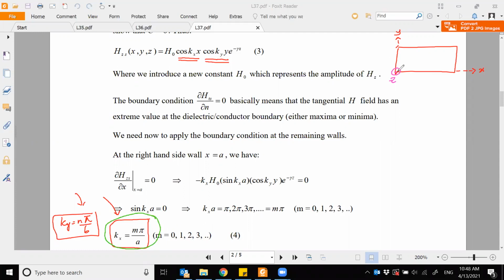That means it should be something like this.